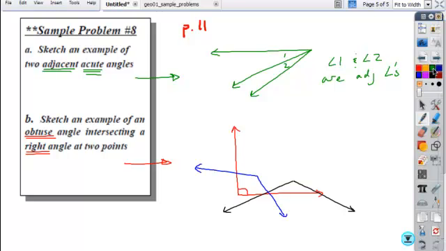However, if I tried to do an angle that looked like this, does this green angle intersect the right angle at 2 places? 2 that you see, but what do you know about this?